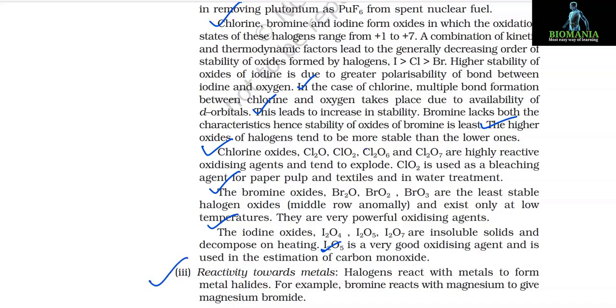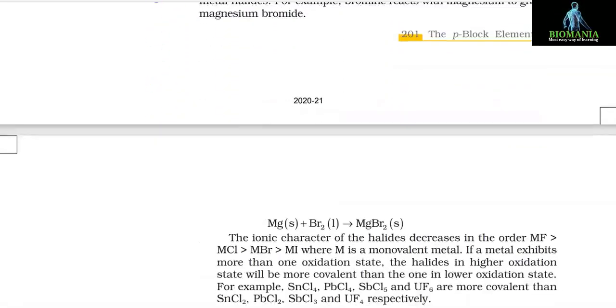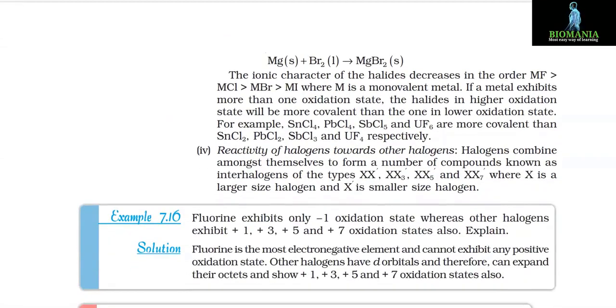Number 3, reactivity towards metals. Halogens react with metals to form metal halides. For example, bromine reacts with magnesium to give magnesium bromide. Mg + Br2 gives MgBr2. The ionic character of the halides decreases in the order MF > MCl > MBr > MI, where M is a monovalent metal.